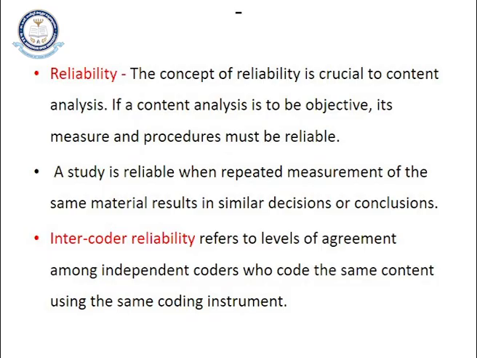Intercoder reliability refers to levels of agreement among independent coders who code the same content using the same coding instrument. Every methodology, maybe either content analysis, whatever it is, has advantages and disadvantages.